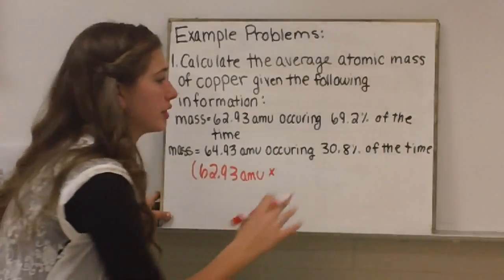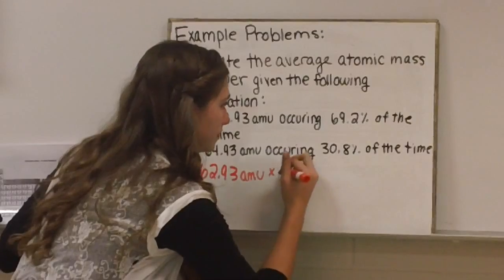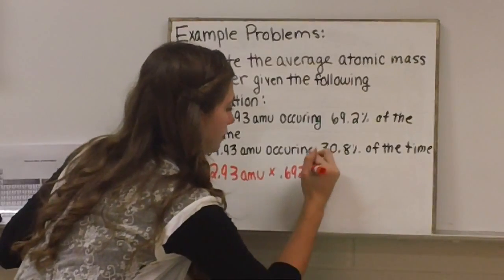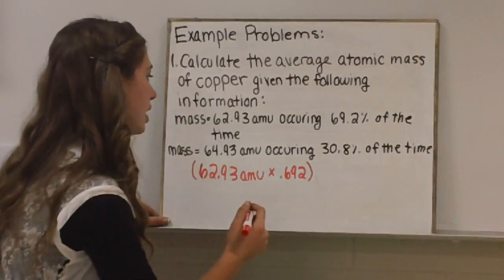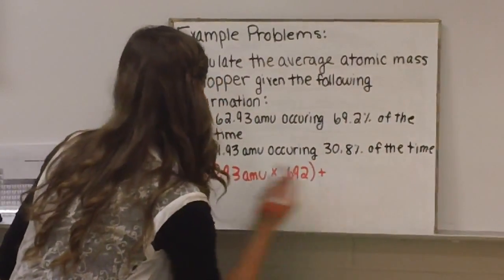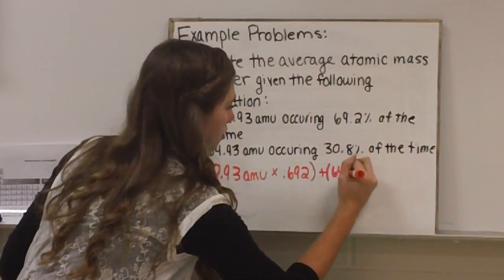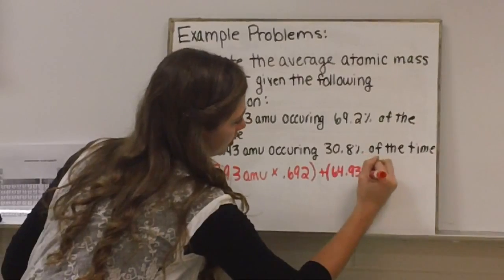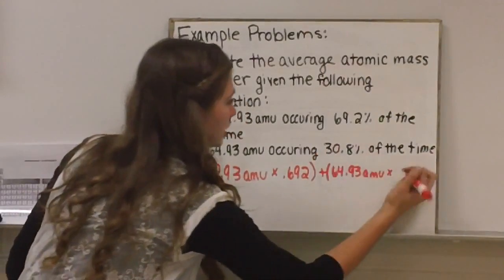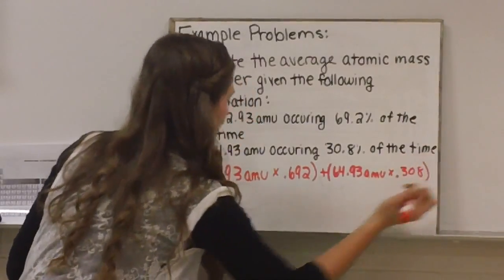We have to make sure to transfer all of our percents into decimals, just by dividing by 100, which is 0.692. Then you add it to our second mass, which is 64.93 AMU, times its percentage, 0.308.